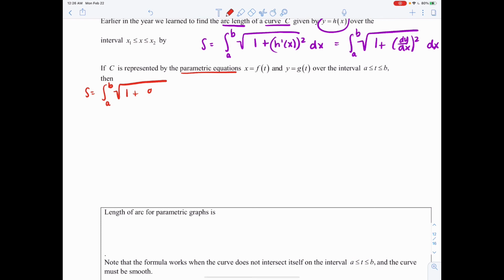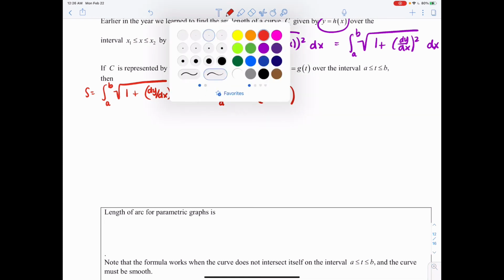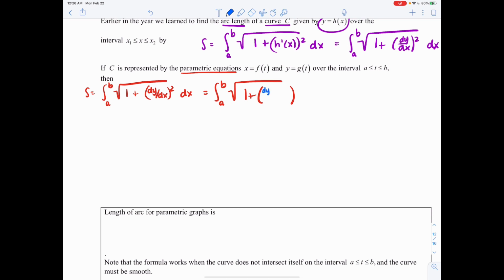1 plus dy dx squared dx, what I'd like to do is rewrite this as the integral from a to b of the square root of 1 plus, and let's use that new format, dy dt over dx dt. Let's keep it squared.